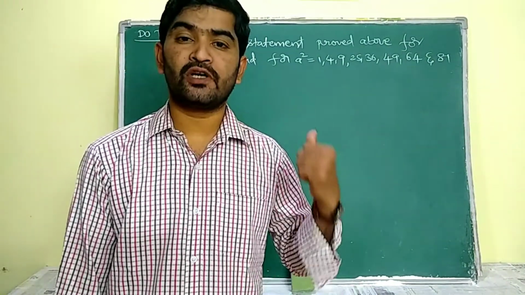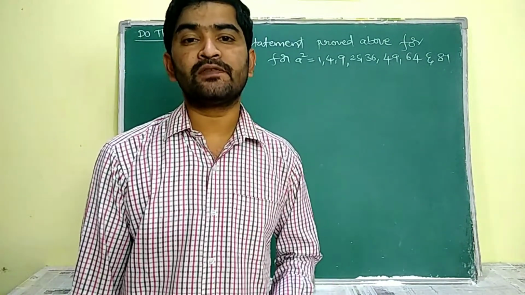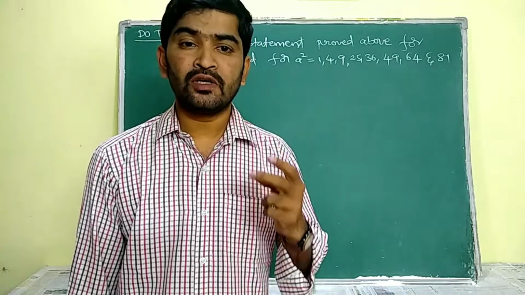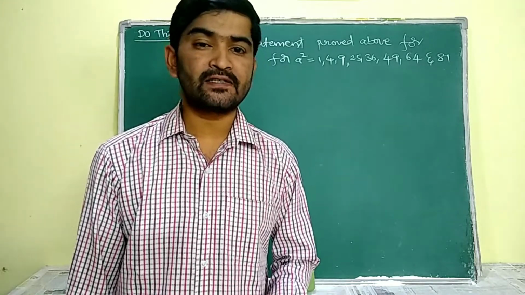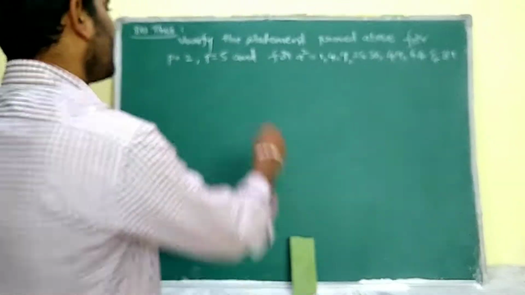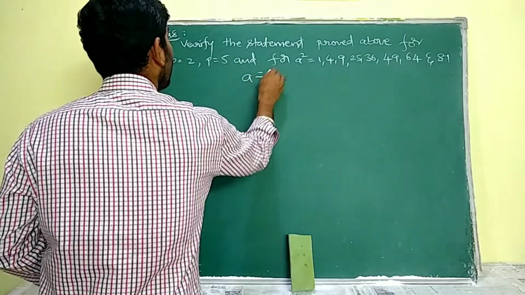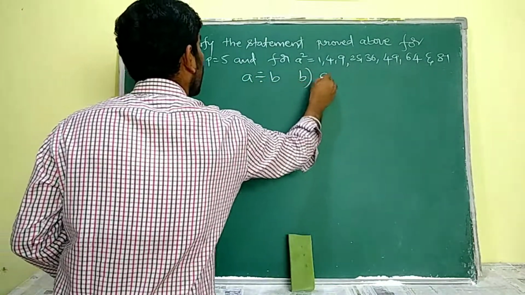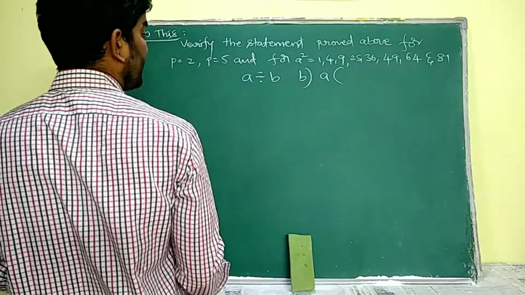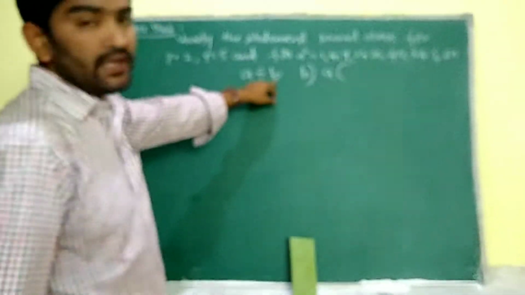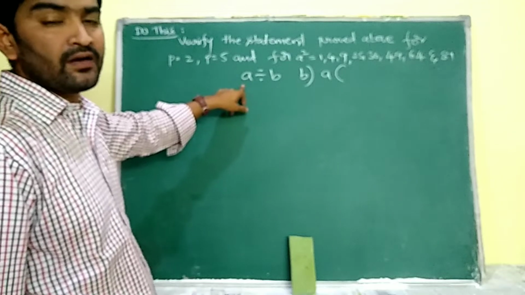Before starting the explanation of this problem, I am going to explain the two different representations of division. See, a divided by b means I am going to divide a by b. Here b may divide a exactly or not, we don't know.